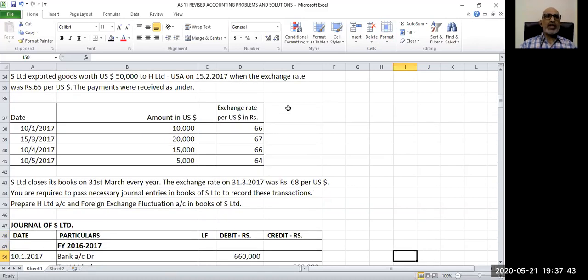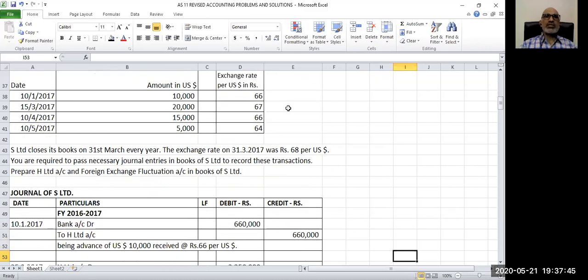Now on 10th Jan 2017, as you can see, you have received an advance of $10,000. The dollar rate is 66 rupees on that day. So our first entry will be bank account debit to H Limited account 6,60,000 rupees. $10,000 multiplied by 66 rupees per dollar is the amount received.